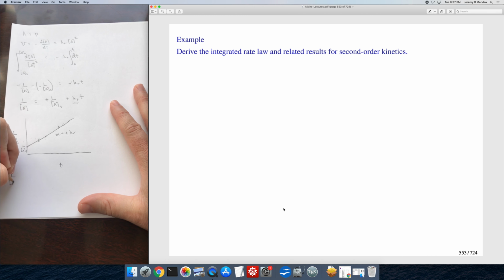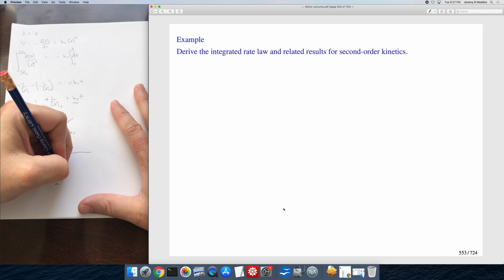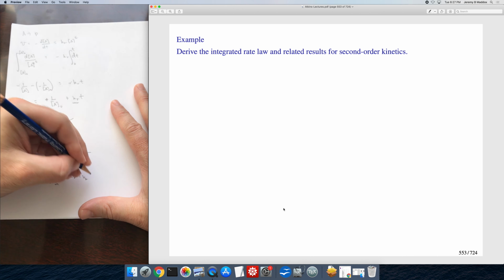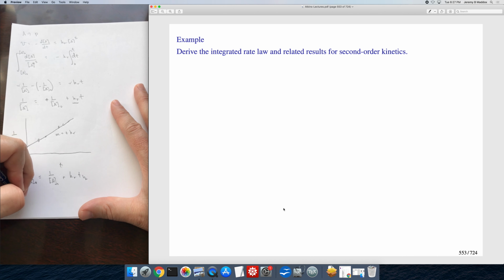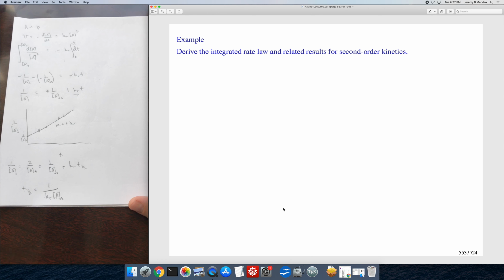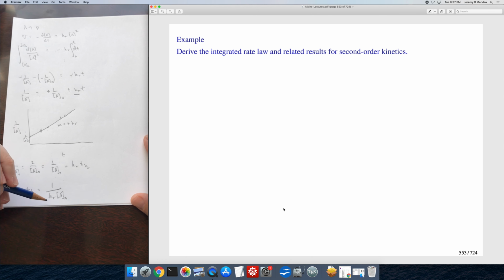1 over A would be equal to 2 over A0 at the half-life time. So then you just solve for the half-life time. You'll get t1/2 equals 1 over Kr A0. Again, it is inversely proportional to the rate constant.